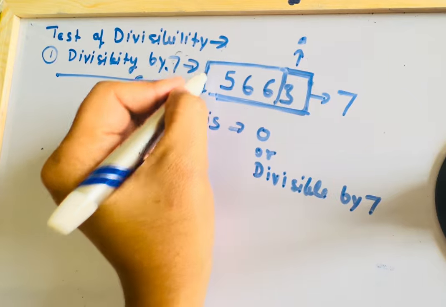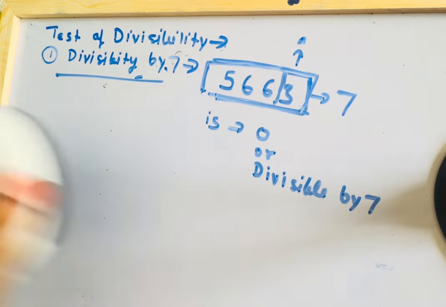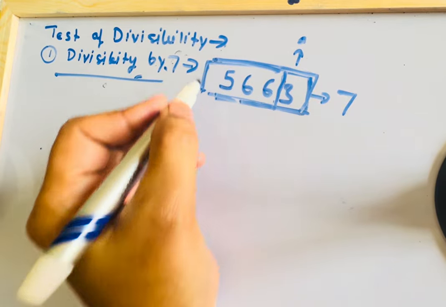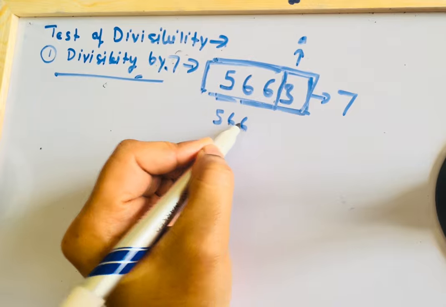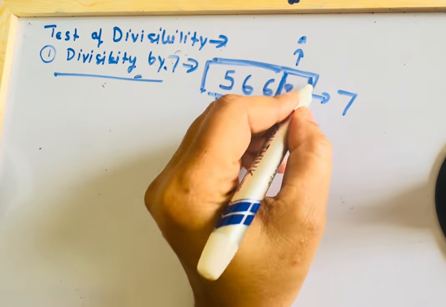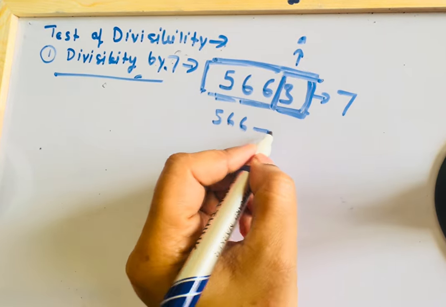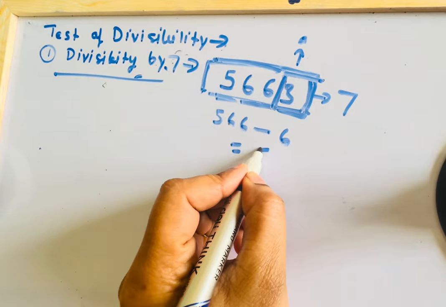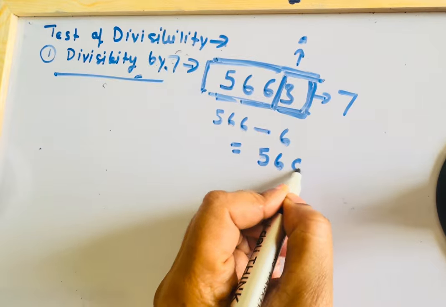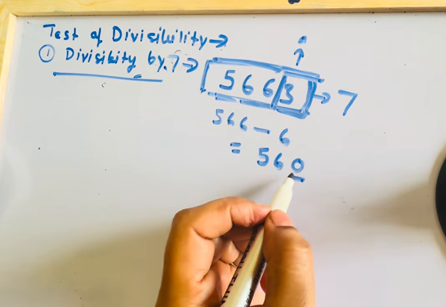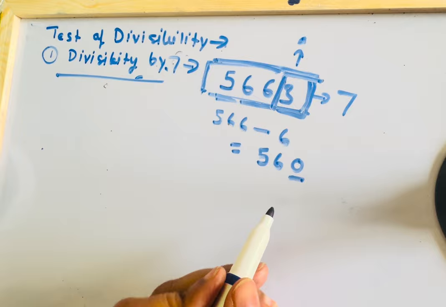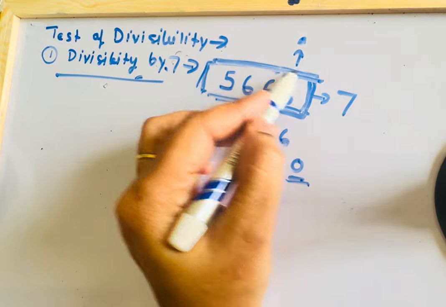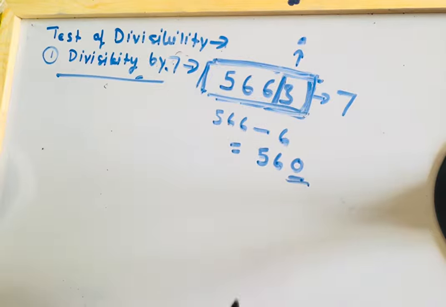It means that number is divisible by 7. Then how to check? See, what is the remaining number and what is twice the last digit? 6. What is the difference between these? See, the difference is 0. It means that number is divisible by 7.